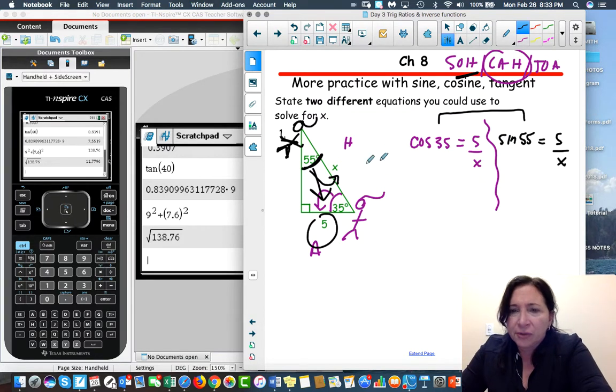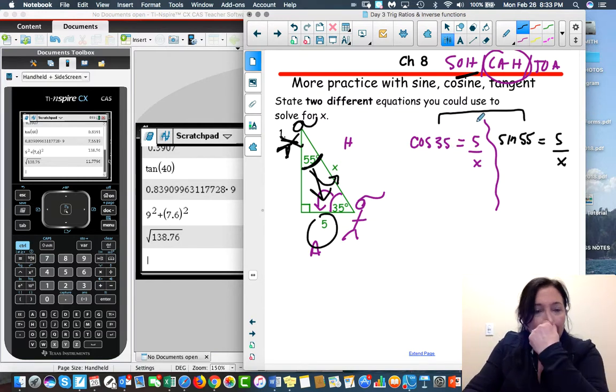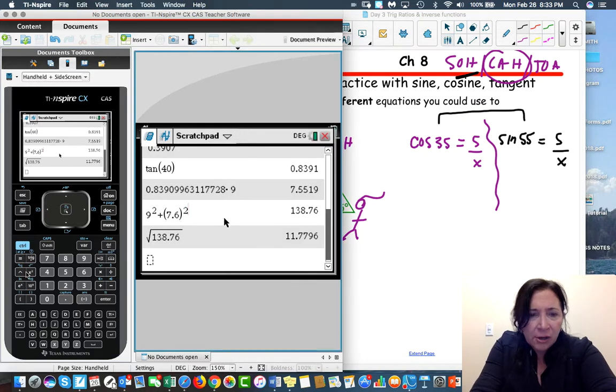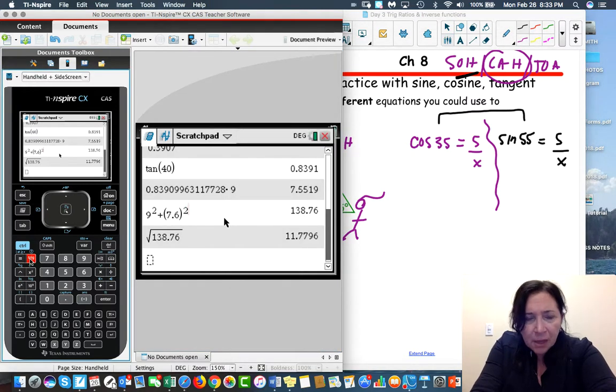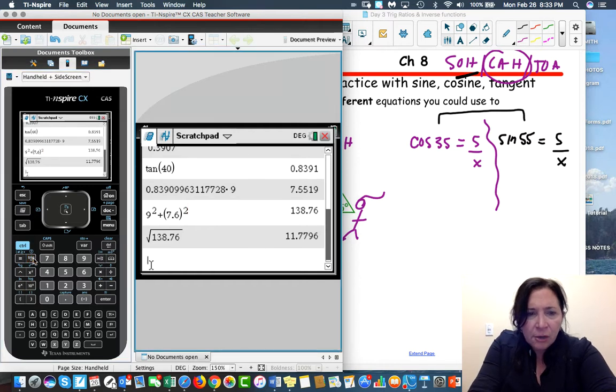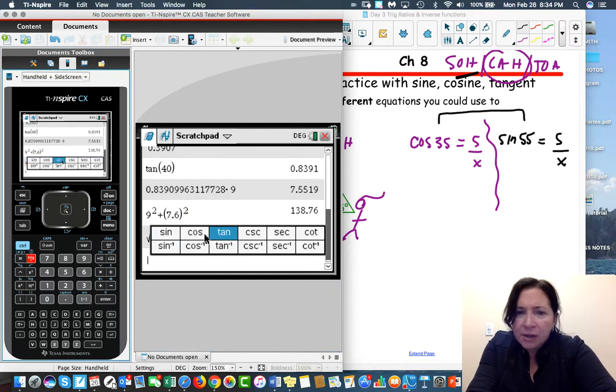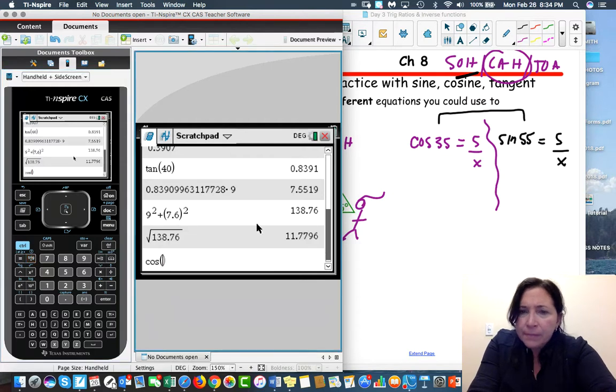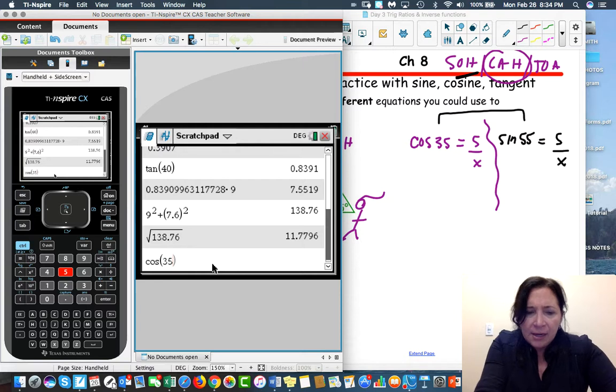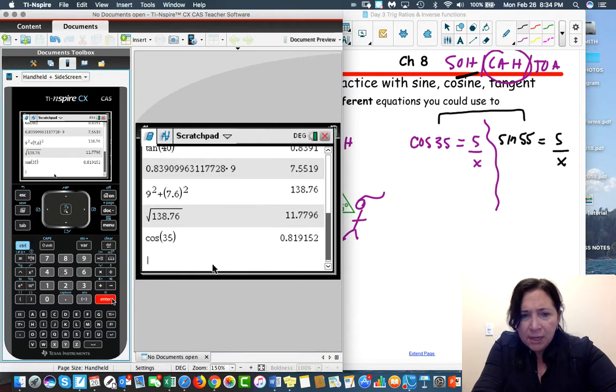I'm just going to use cosine. I need to find cosine of 35 degrees, so I'm going to use my calculator. I go to trig function, choose cosine, cosine of 35 degrees, and then control equals.